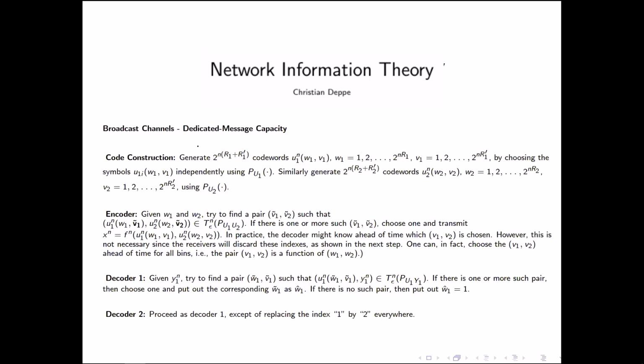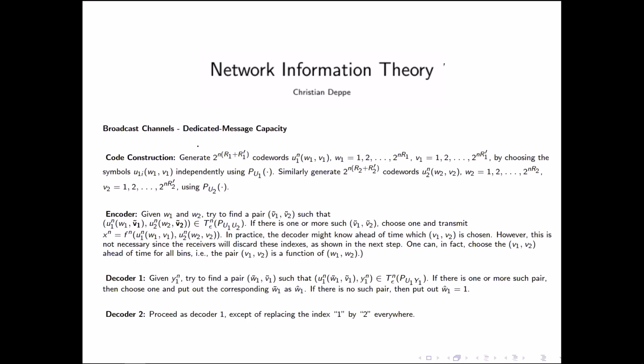Now, if the encoder wants to send the dedicated messages w1 and w2, he tries to find a pair v1 tilde and v2 tilde such that u1^n(w1, v1 tilde) and u2^n(w2, v2 tilde) are jointly typical. So he looks at the two codebooks he generated and searches for a typical pair in the bins. If there are one or more such v1 tilde, v2 tilde, choose one and transmit.